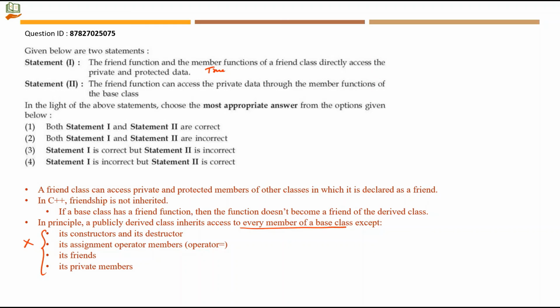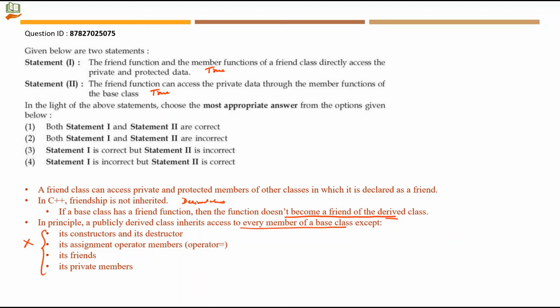The friend function can access the private data through the member function of the base class is true. Derived classes alone they have mentioned here, they have not mentioned the base class. So if I declare something in the base class, I can obviously access the private data.